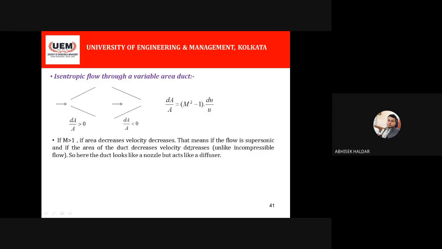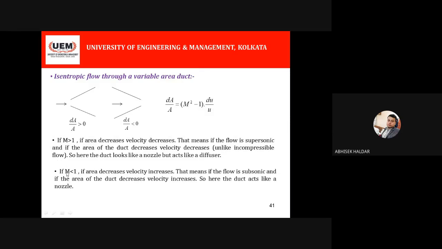Velocity decreases means it is not a nozzle, it is a diffuser. This duct looks like a nozzle, but it is not a nozzle. With supersonic flow, this duct will act like a diffuser. Clear? Yes, sir. Okay.